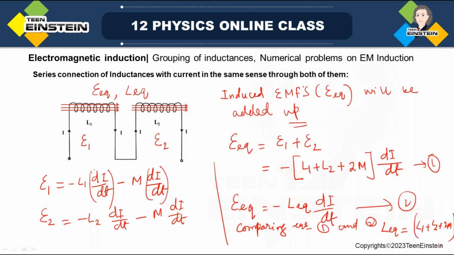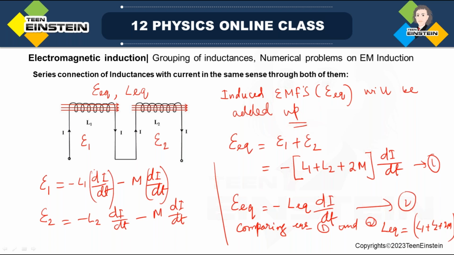The take-home message is that if we have two different inductor coils and we connect them in series such that the current is flowing in the same direction in both the coils, then the combination would give an equivalent self-inductance, that is L equivalent is equal to L1 plus L2 plus 2M, where M is the coefficient of mutual coupling or mutual inductance. Okay, so this is one important result we have learned.